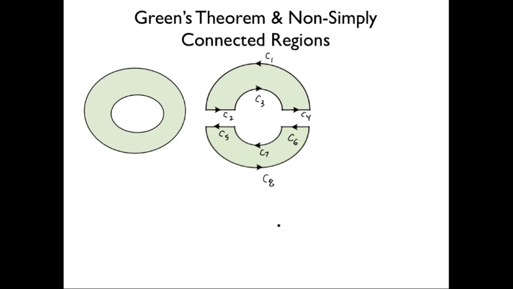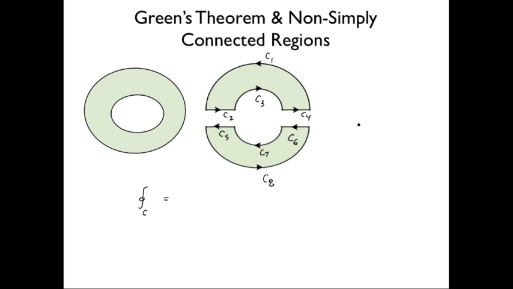Okay, so now if we were to compute the line integral of this thing, now that it's split apart, what would it be? It'd be the integral over C1, plus the integral over C2, etc., all the way up to C8.